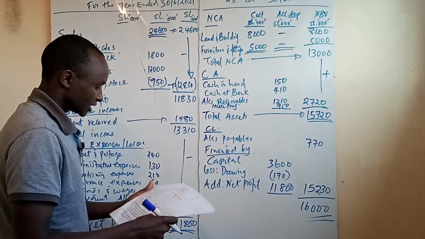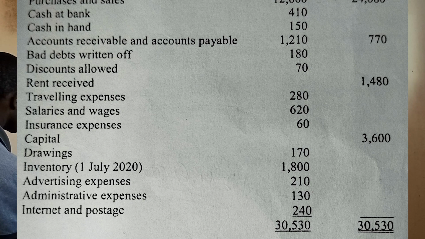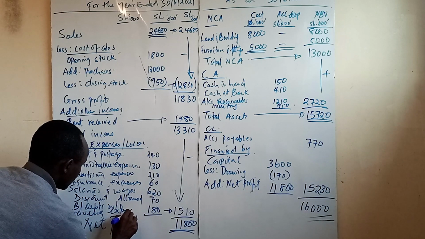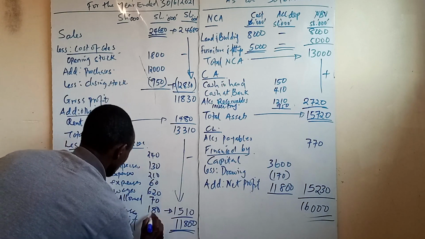So let us include the traveling expenses. So we show the traveling expenses of 280.